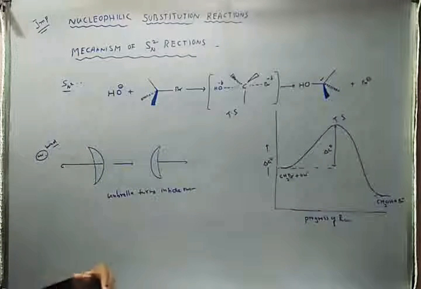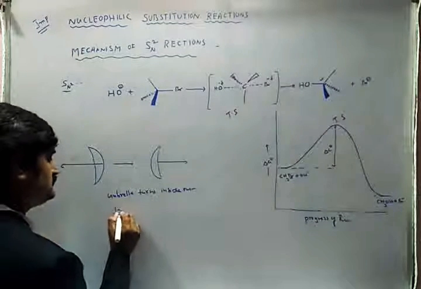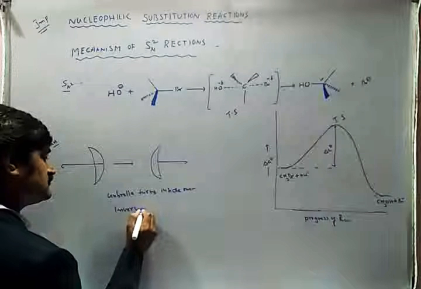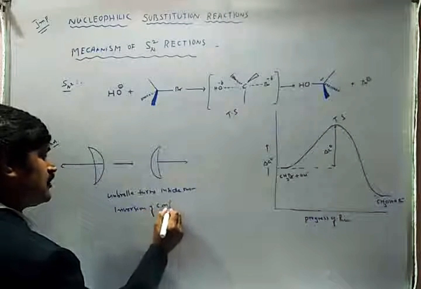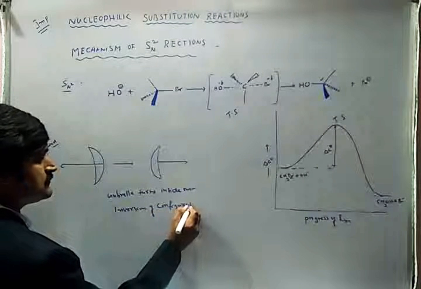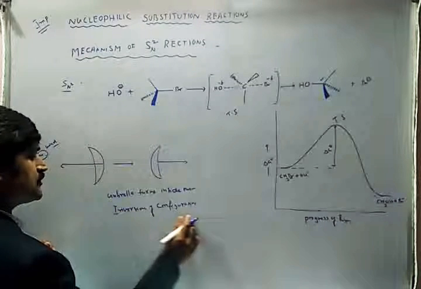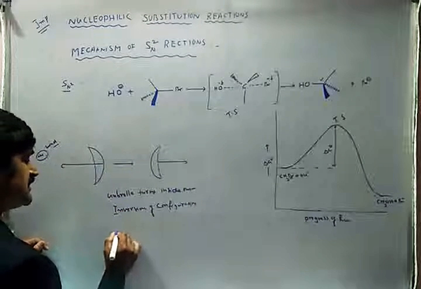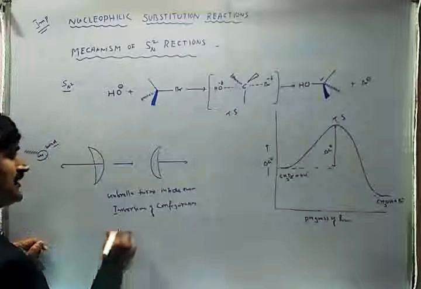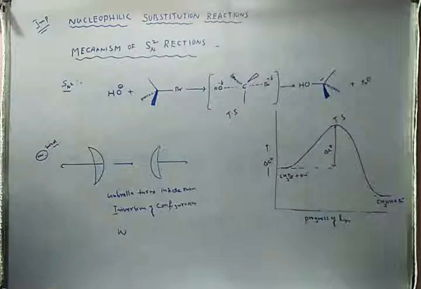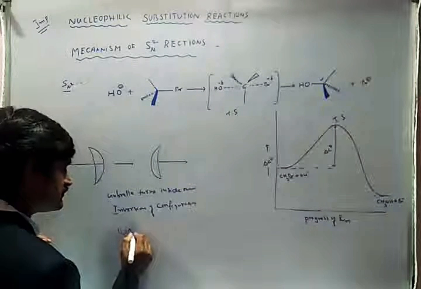This is called inversion of configuration. This was introduced by the scientist Paul Walden. That's why we call it Walden inversion.